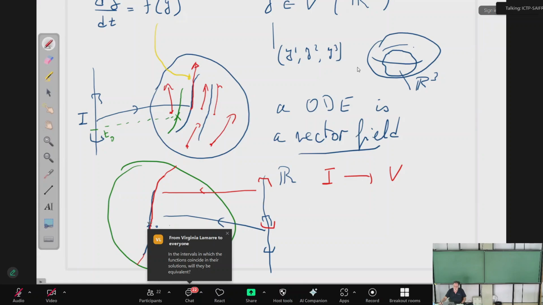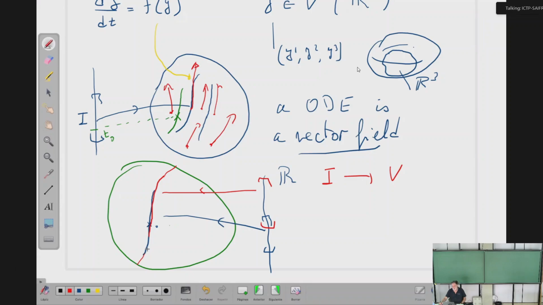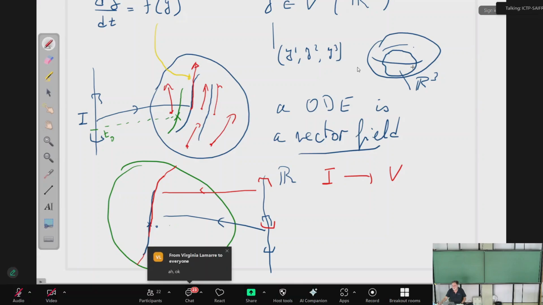So in this case, we can have two solutions, this green solution and this blue solution, and they are different. And this happens, for instance, when you are in a manifold, say a sphere, and you get coordinate systems that do not cover the whole sphere.